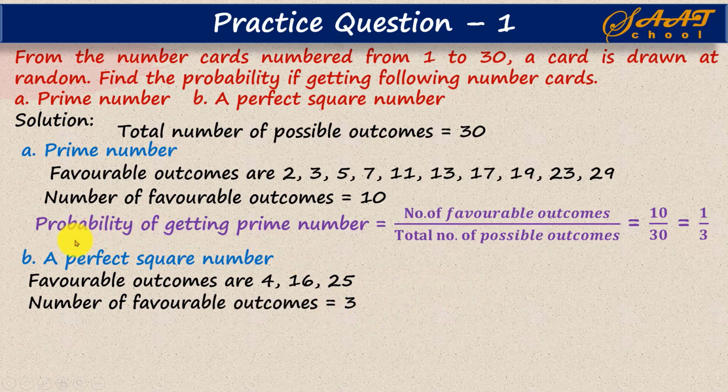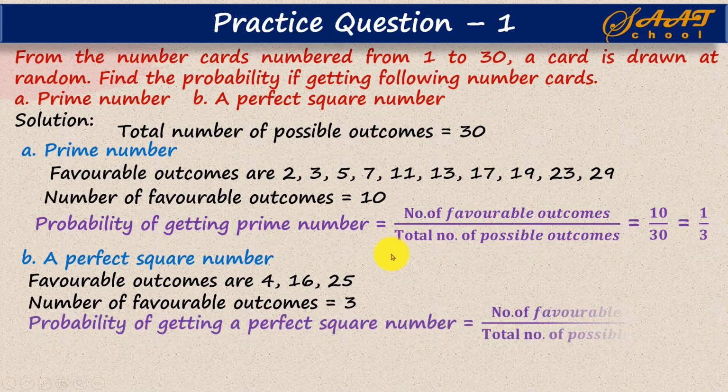Again, we are looking for perfect square number, and that is what favorable outcomes are. So here 3 is number of favorable outcomes, and using the same relation that we have used here, we can find the probability of getting a perfect square number.